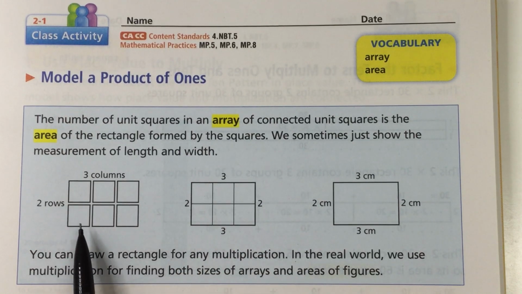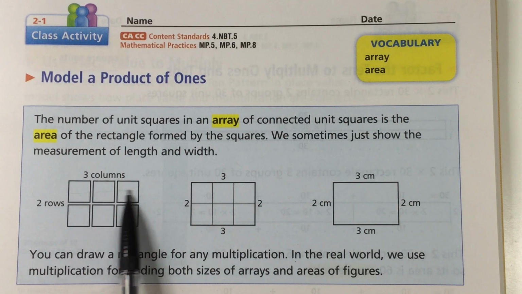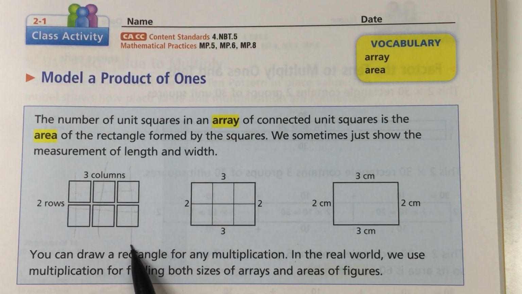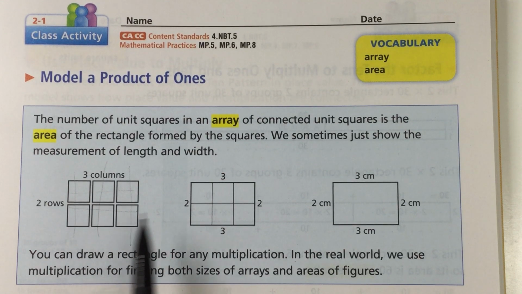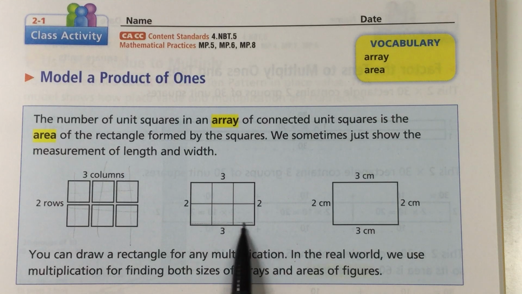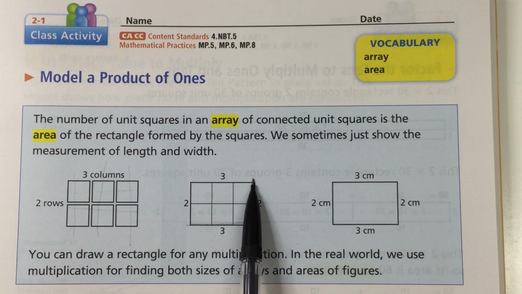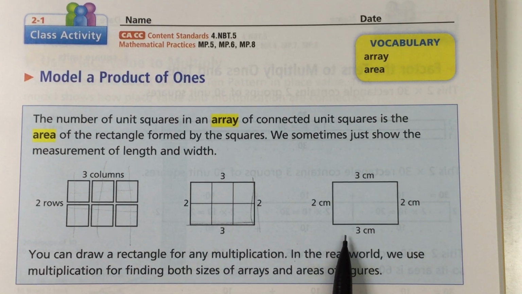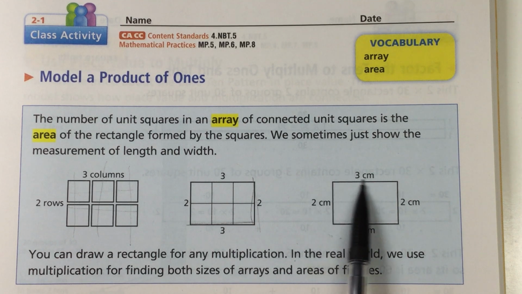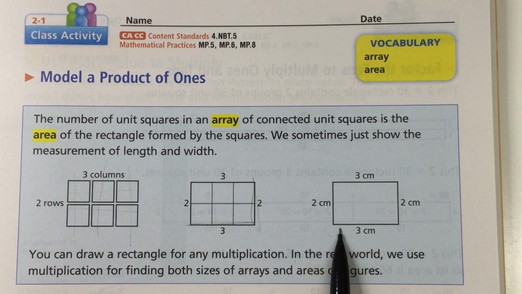This is something that you've seen before. You saw it in third grade, where we can say, oh yeah, we have 2 rows and 3 columns of stacked squares. Or putting them together, we see that our shape is 3 squares by 2 squares. Or even more simple, we have it just set up as a rectangle with measurements on either side, 3 centimeters by 2 centimeters.